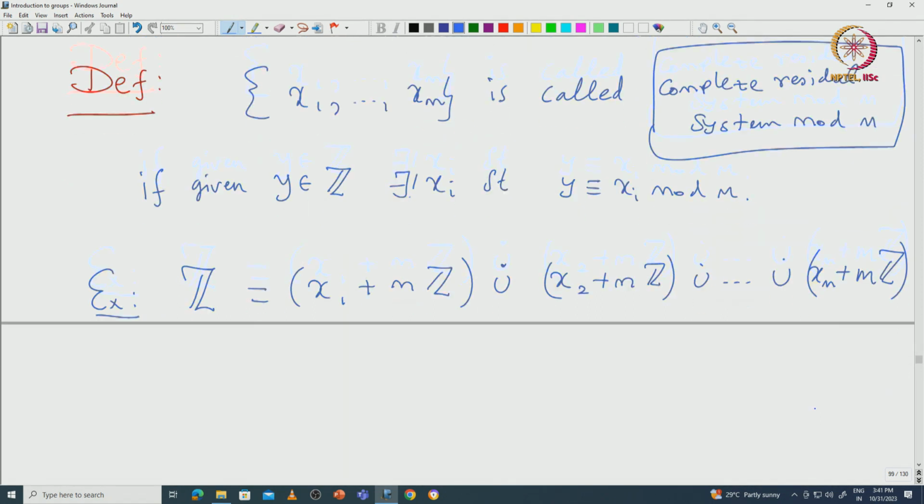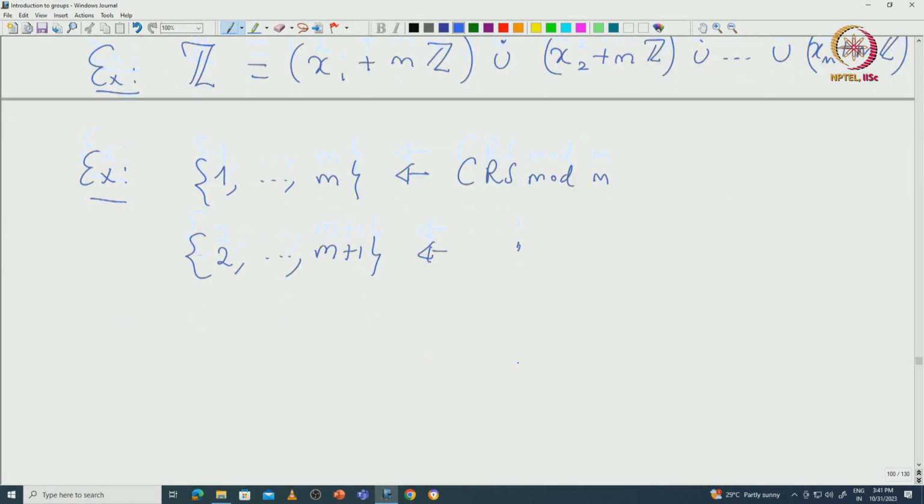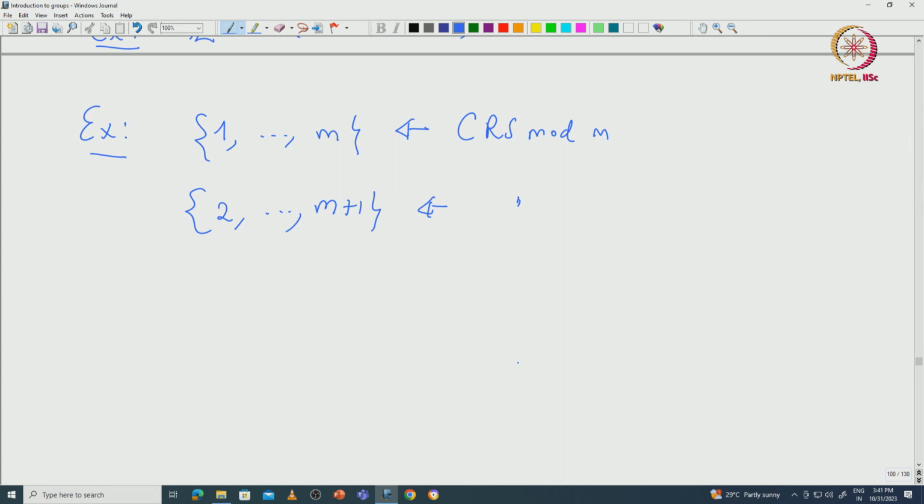We take it as an exercise. For example, if you take 1 etc. m, this is one complete residue system, CRS mod m. Similarly, you can translate and take 2 to m plus 1. That is again another complete residue system. Like this you will be able to produce many of them.